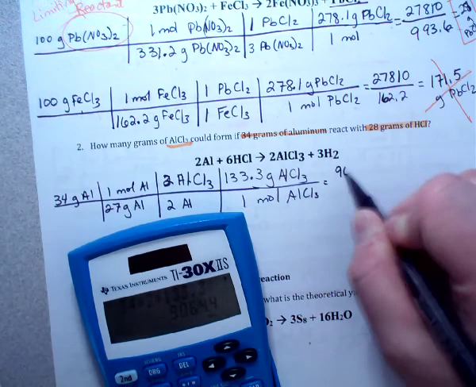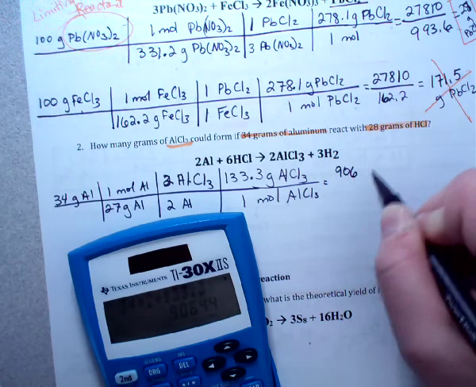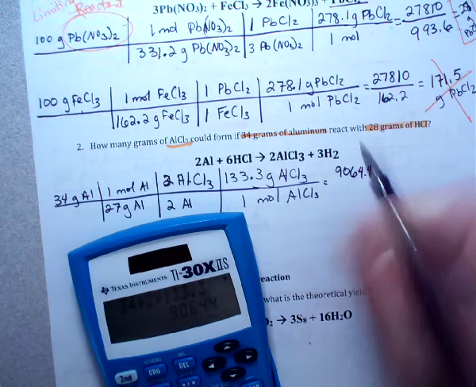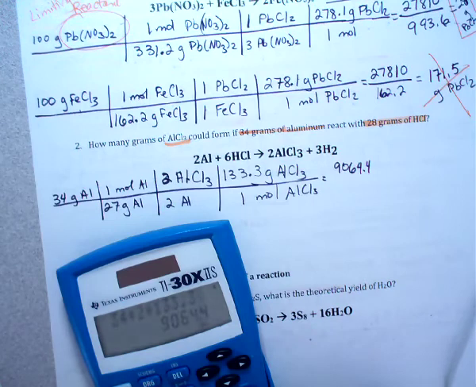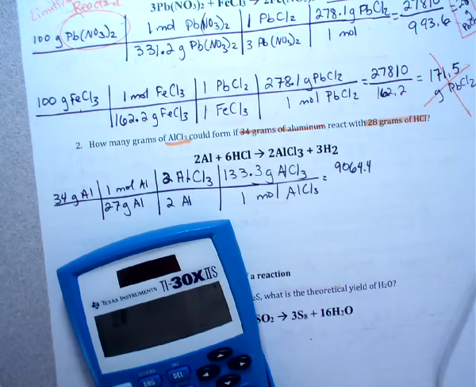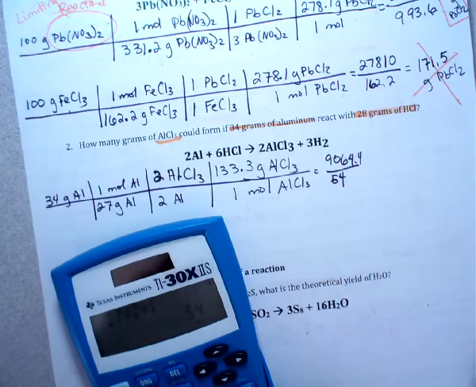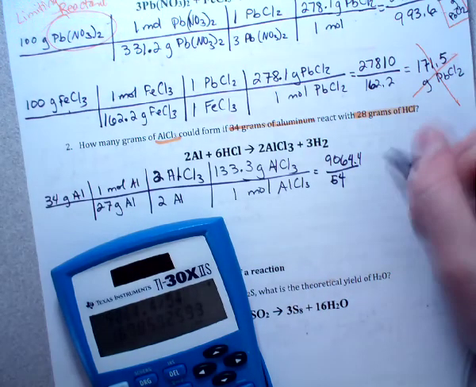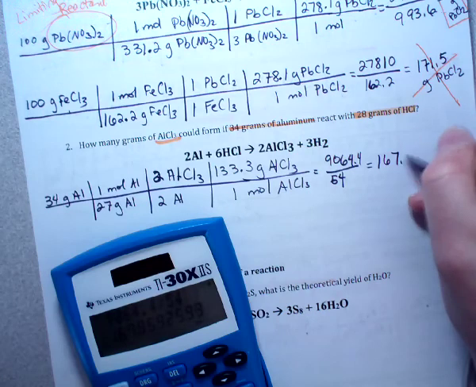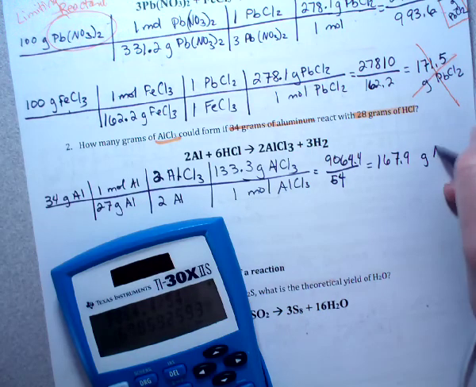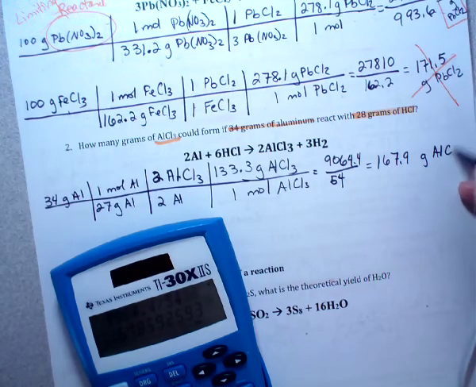That's 9,064.4. Multiply the bottom. 27 times 2 times 1. That's 54. And then divide your two numbers. So 34 grams of aluminum would make 167.9 grams of aluminum chloride.